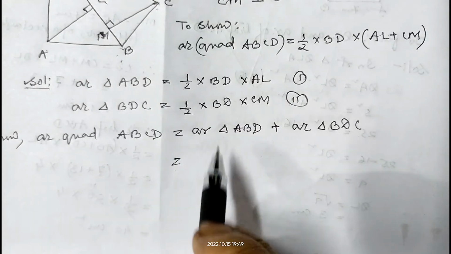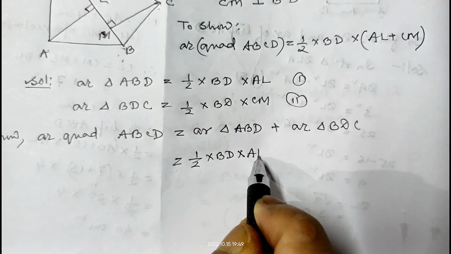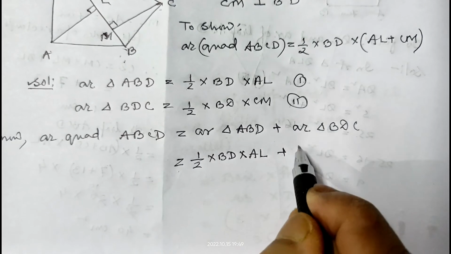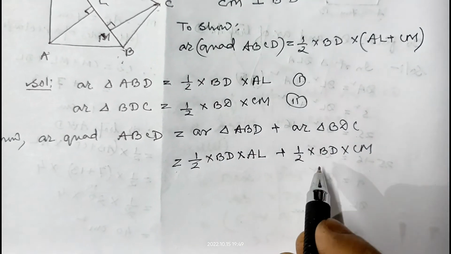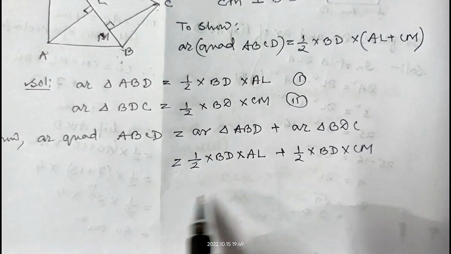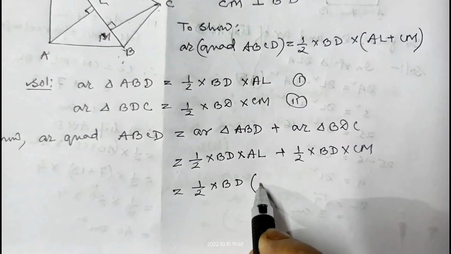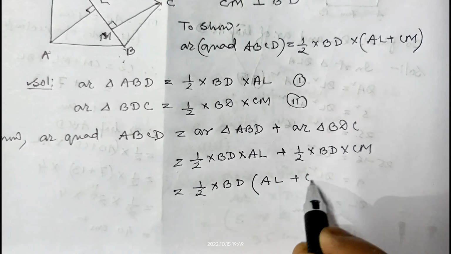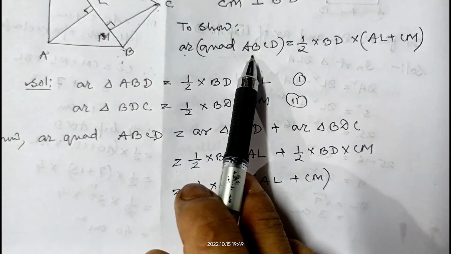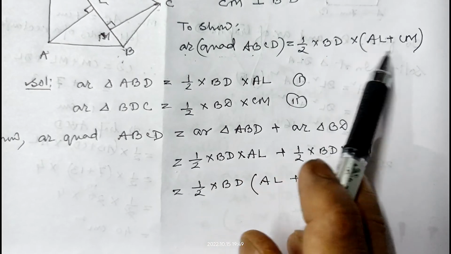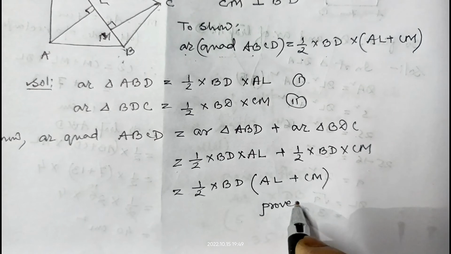Now area of ABD is half into BD into AL plus area of BDC is half into BD into CM. From this I can take half into BD common. So if I take half into BD common, then we are left with AL plus CM. And this is what we have to prove, that area of the quadrilateral is half into BD into AL plus CM. So this is the required answer. So here you can write proved.